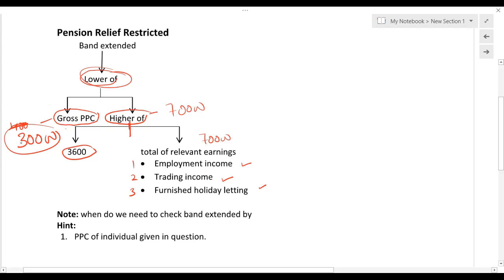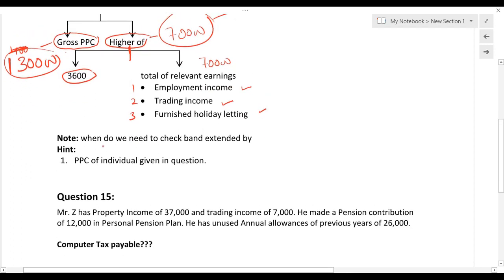What if gross PPC was 130,000? If your gross PPC was 130,000 and relevant earning was 70,000, your basic and high rate band would have increased by 70,000. So when do we need to check band extended by? The hint is whenever you have a PPC given in the question, you need to check exactly what amount the band will increase by.